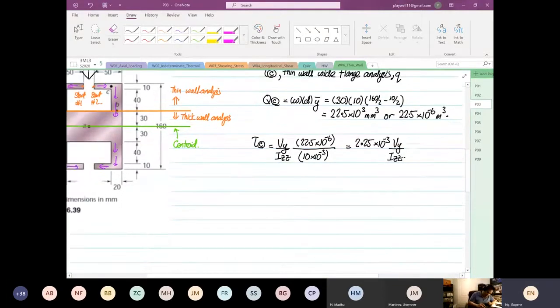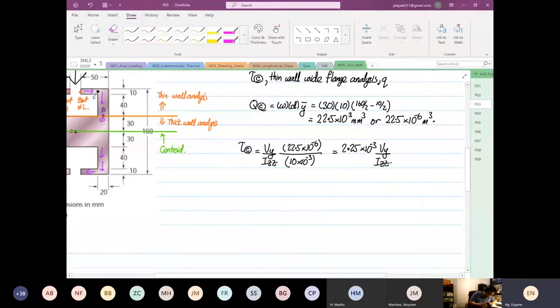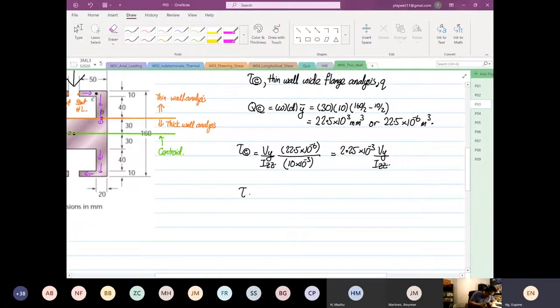Then next, we're going to find the shear stress at point B. Again, thin wall, wide flange analysis.